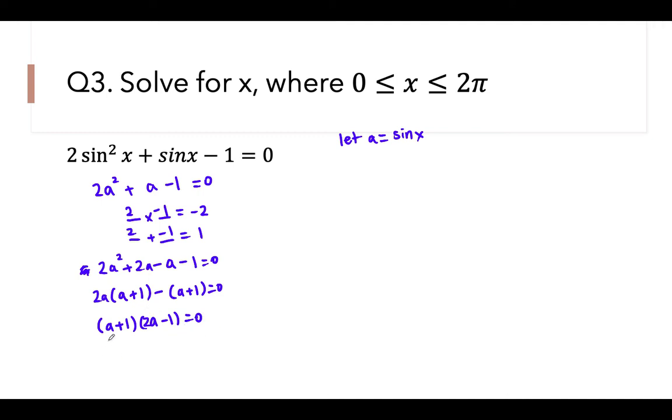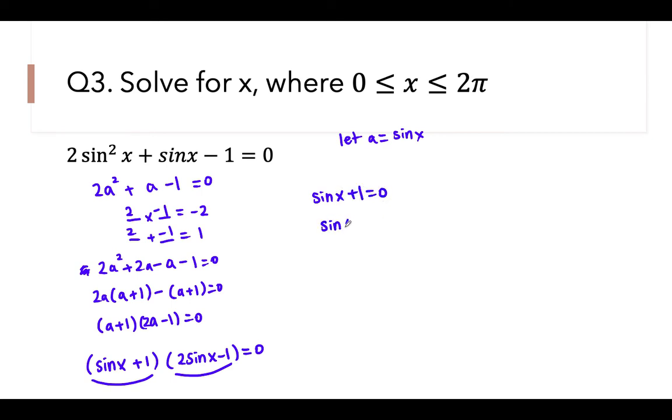So what we can do now is replace a with sine x, going back to the original question. So (sine x plus 1)(2 sine x minus 1) equals 0. So we're going to let each bracket equal 0. So the first bracket is sine x plus 1 equals 0.